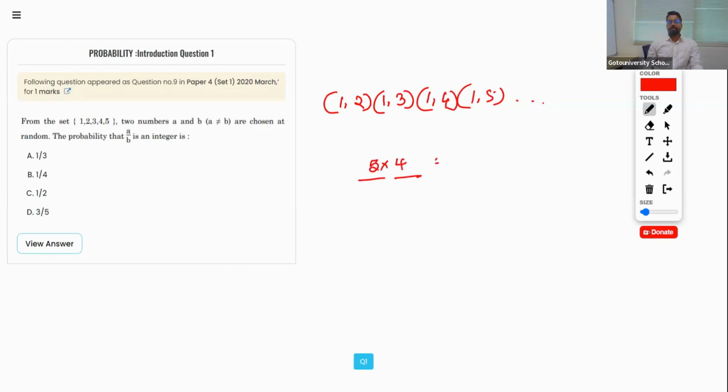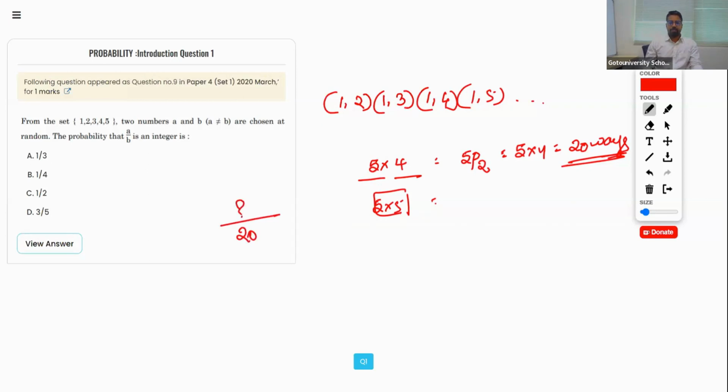Again, coming back to permutation and combination: if you cannot repeat, it is 5P2. If you can repeat, it is 5 power 2. Now we cannot repeat, so it is 5P2. How many ways? 5 into 4, 20 ways. Selecting any two numbers without repeating them, because they are not equal, is 20 ways. So the total number of ways is 20.